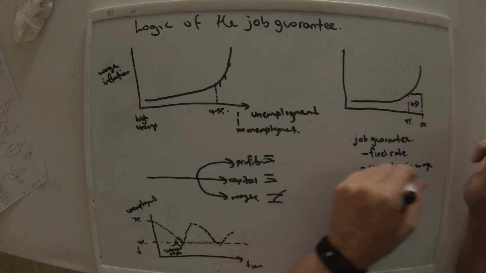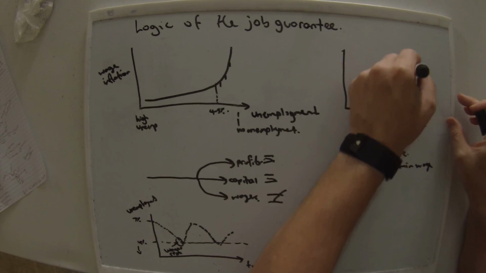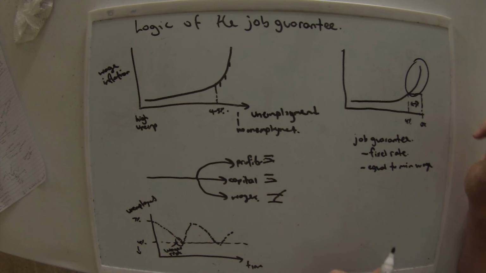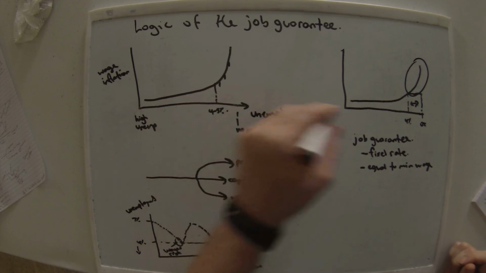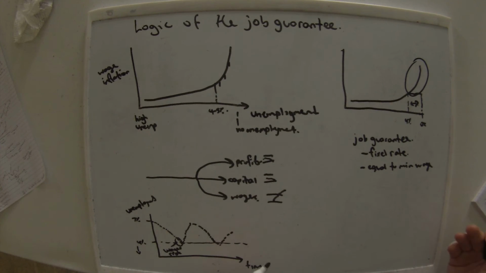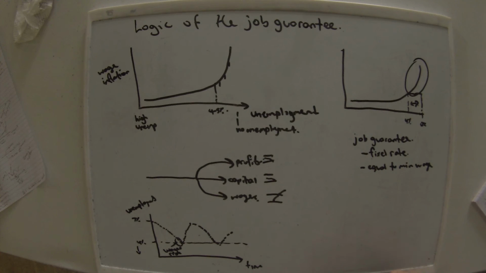So you set it equal to the minimum wage, and basically avoid this whole issue up here, and everyone's happy. People that want a job, these 4% of people, are able to get employment, and the economy is able to handle it, because the inflation rate isn't affected as we've got a fixed rate for people taking up the jobs.